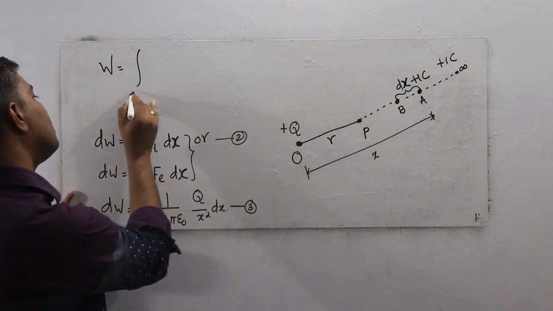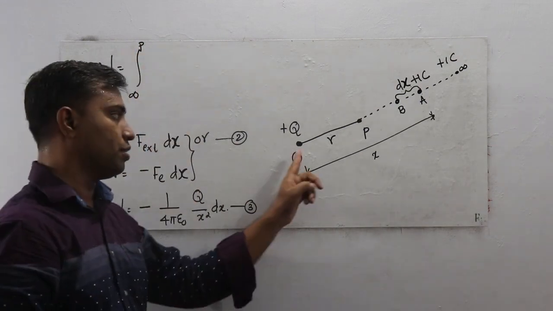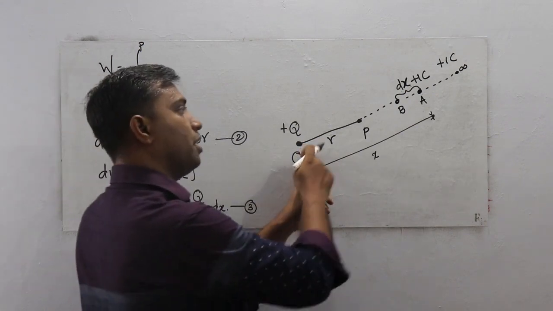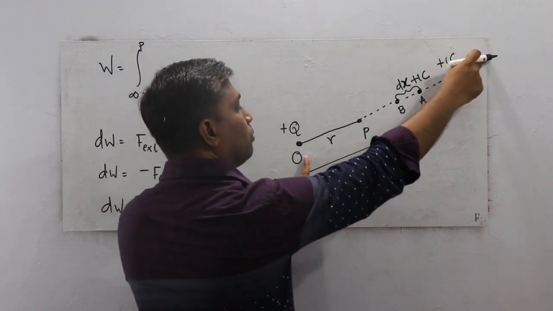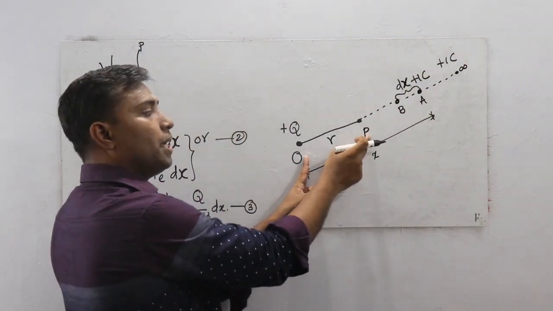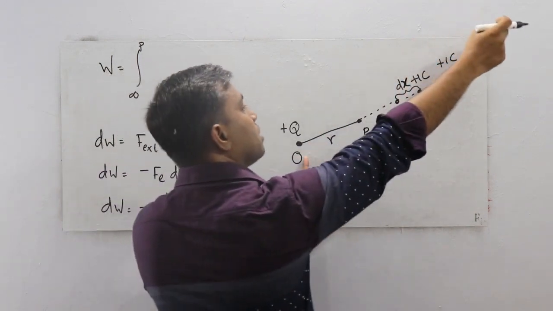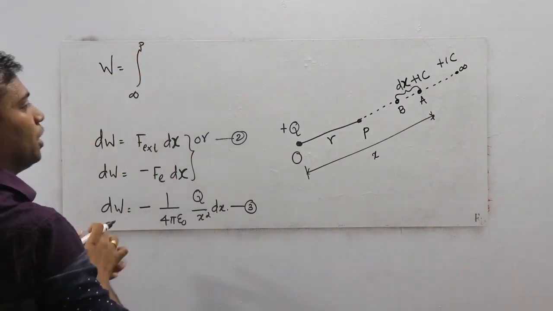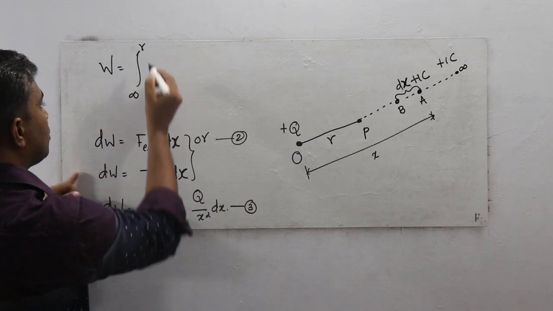So we can write it as infinity to P. So we consider all distances from the charge Q. So initially എവിടെയായിരുന്നു 1 coulomb charge ഇൻഫിനിറ്റിയിലായിരുന്നു. എവിടെ നിന്ന് അങ്ങോട്ടാണ് കൊണ്ടുവരുന്നത്, P പറഞ്ഞ പോയിന്റിലേക്കാണ്. അപ്പോൾ ഇവിടെ നിന്ന് ഇങ്ങോട്ട് ഡിസ്റ്റൻസ് r, ഇവിടെ നിന്ന് ഇങ്ങോട്ടുള്ള ഡിസ്റ്റൻസ് ഇൻഫിനിറ്റി. So that's why we are integrating from infinity to r.